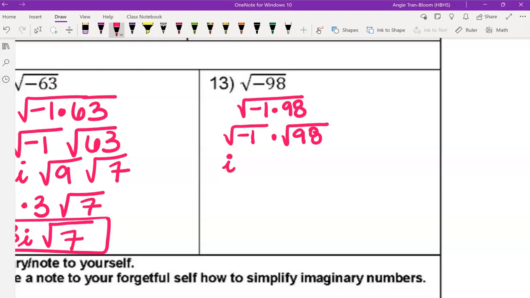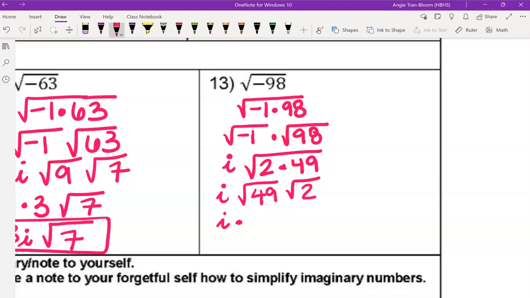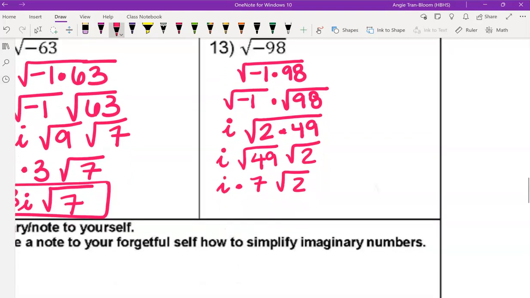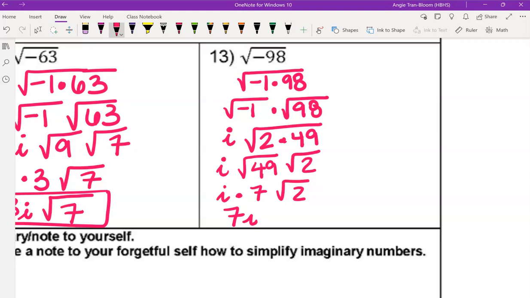Okay, 98, we know it's an even number, so we can divide by 2. 2 times 49 is 98, and 49 is a nice square number, so we can technically write square root of 49 first times square root of 2. And square root of 49 is 7. So this is i times 7 times square root of 2, which is really 7i times square root of 2.